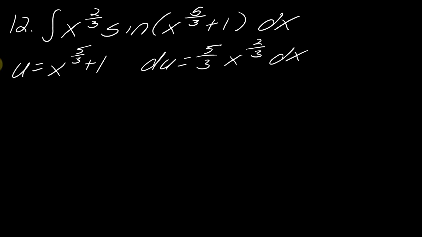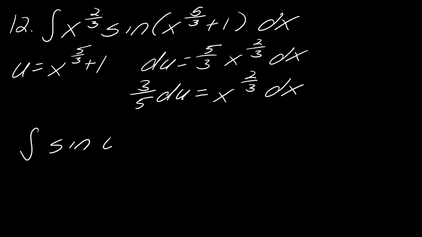Now if I just want to manipulate this for what I have in this problem, this will become 3/5 du equals x to the 2/3 dx. Okay, so now if I do my substitutions, this becomes sine of u, and I'm going to put that 3/5 out here just for sake of time. So I took this 3/5 and put it out in front.